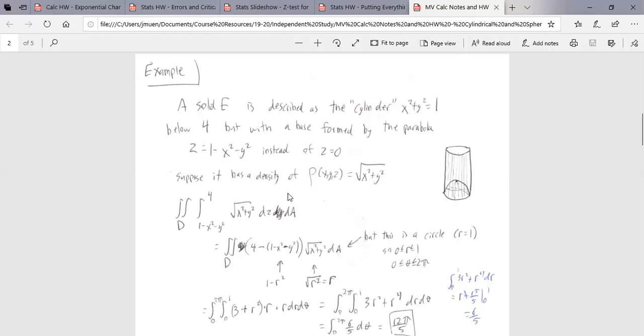And let's go a step further and suppose this has a density, in terms of its mass, so that we're actually taking the integral of something. Remember that one of the ways we can think about taking triple integrals of a function in terms of physical attributes is we could think of f of x, y, and z as kind of a density with respect to x, y, and z, and then the integral gives us its total mass.